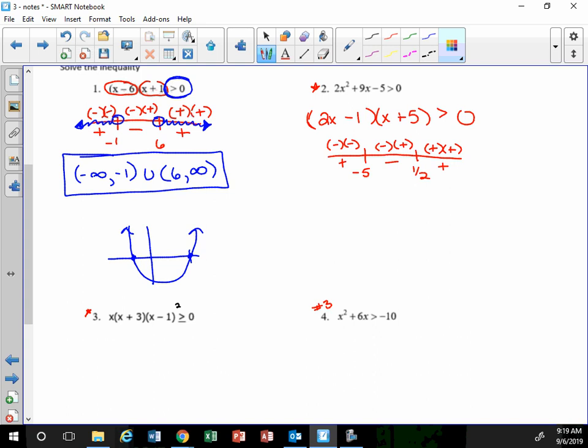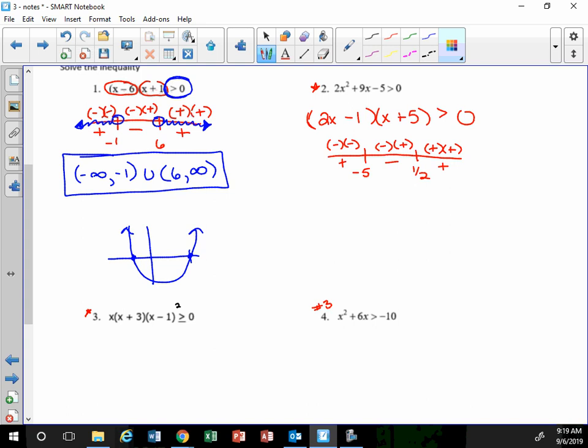If you think checking every single section is very tedious, you can use what you know about polynomials and multiplicity. You see how none of these factors have an exponent on the outside? So you know based on the graph that it's just going to cross the x-axis at each of these points. So once you know one region, yes, it is going to alternate positive, negative, positive.